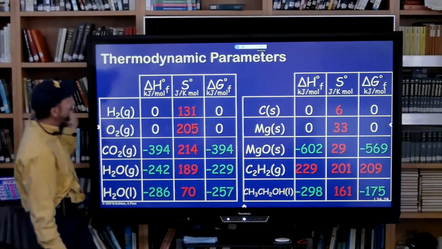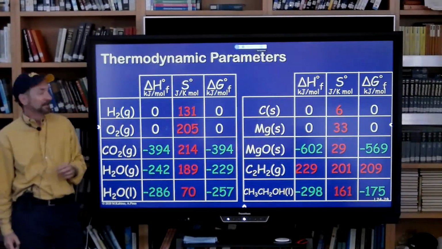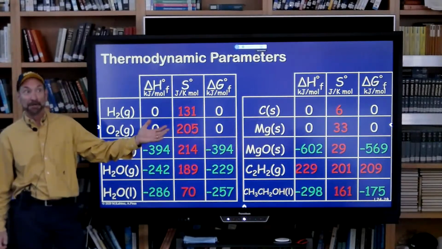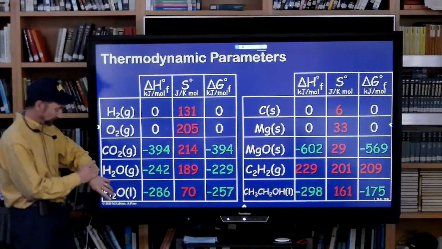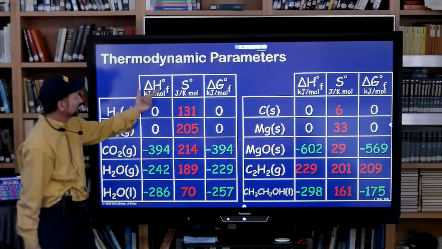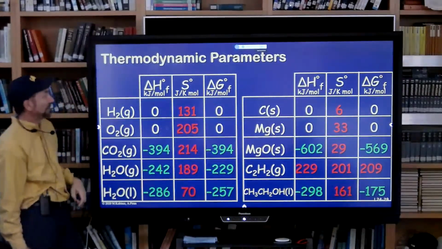So now we can do a thermodynamic analysis, a thermodynamic summary. We are now able to say that we can tabulate standard enthalpies of formation.